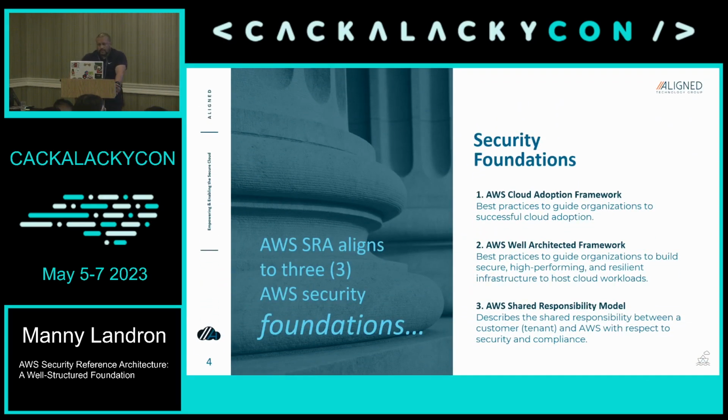Okay, so the AWS Security Reference Architecture, or I'll call it SRA, aligns to the cloud adoption framework that AWS has published. It aligns to the AWS well-architected framework, the AWS shared responsibility as well. And the cloud adoption and well-architected frameworks are really best practices. And you'll see that when we start to cover both in a minute.